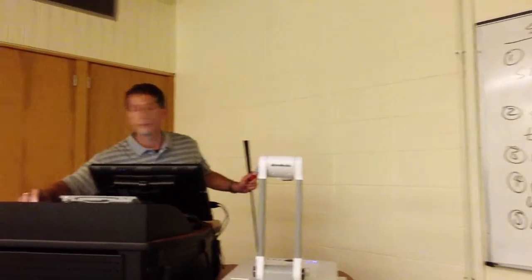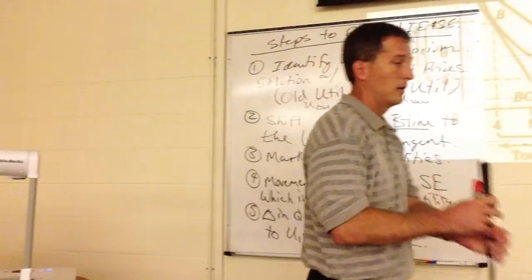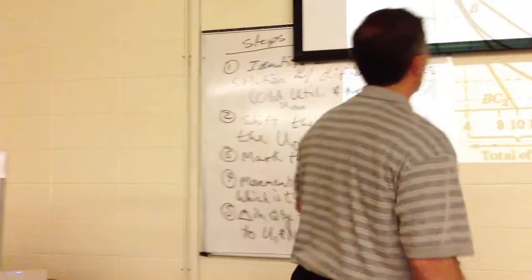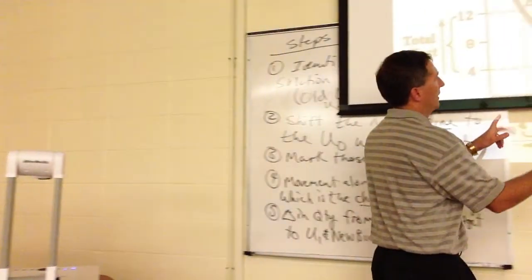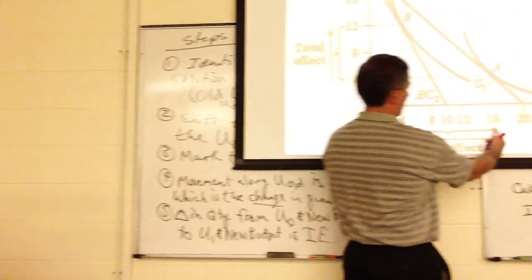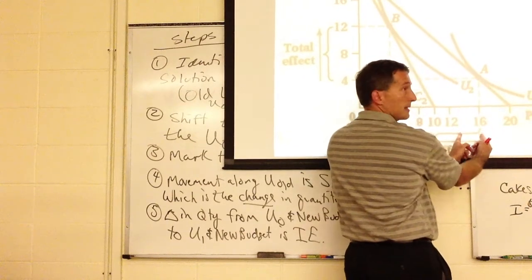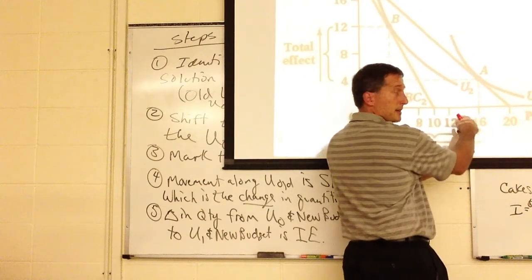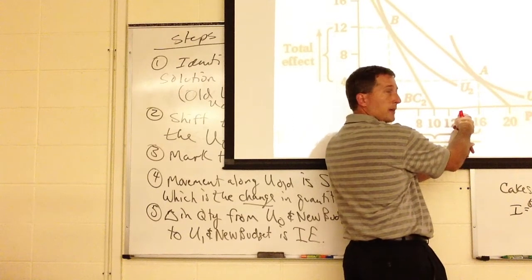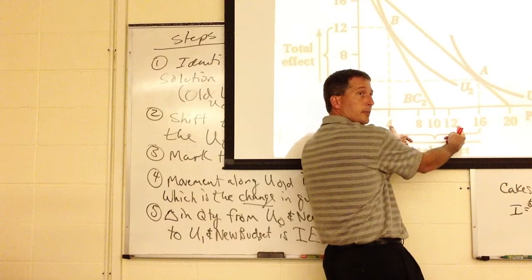On this problem, however you guys drew it, you could do the same thing. There's the total effect. The substitution effect is this amount. Some of you had 13 or 14 or whatever you thought the number was. That's the substitution effect, the rest of it's the income effect.